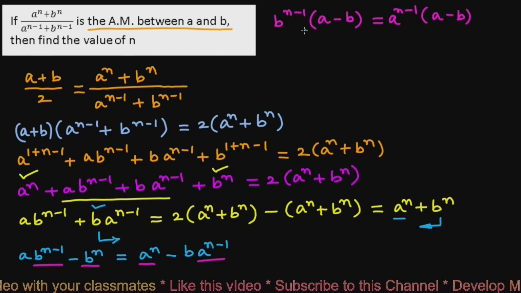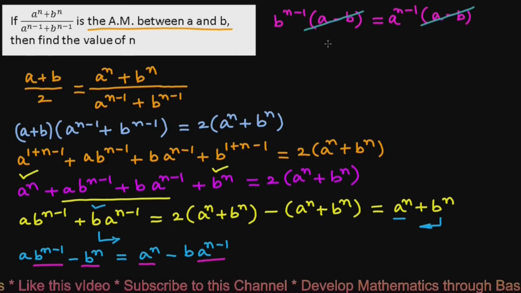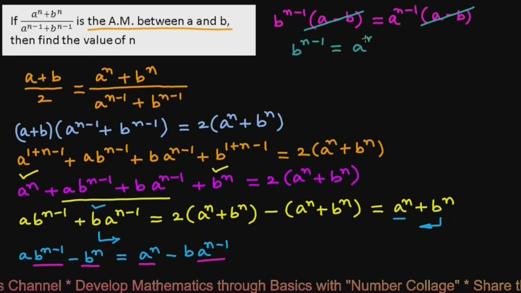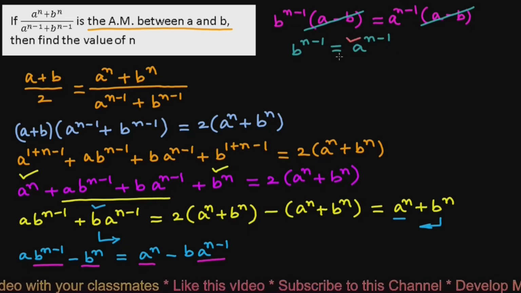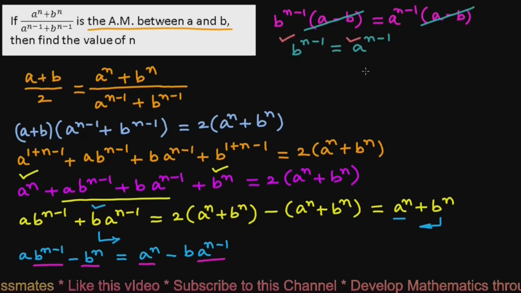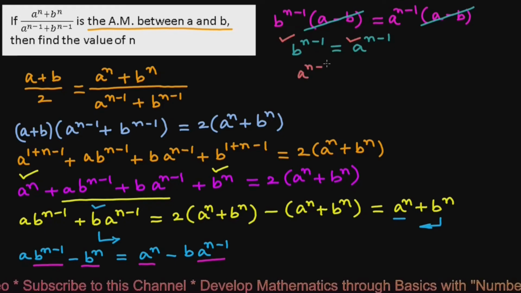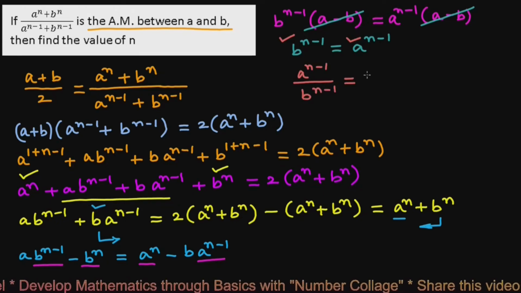Now this a minus b cancels from both sides and we get b raised to n minus 1 equals a raised to n minus 1. We will divide this a raised to n minus 1 by b raised to n minus 1. That gives us a raised to n minus 1 upon b raised to n minus 1 equals 1.